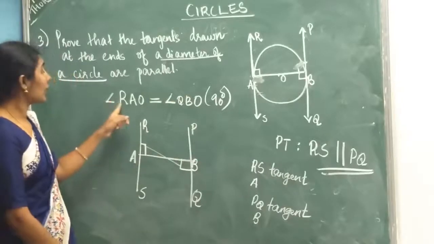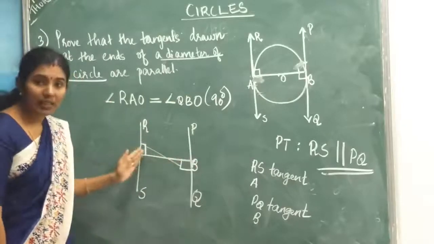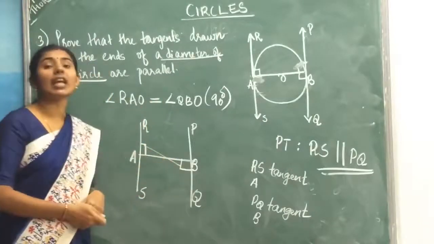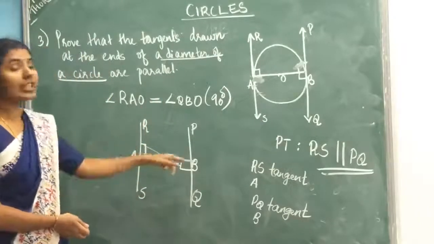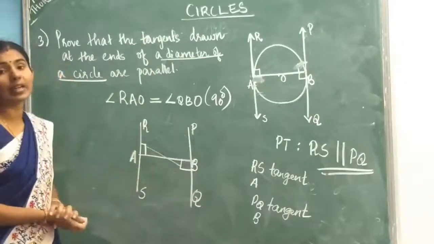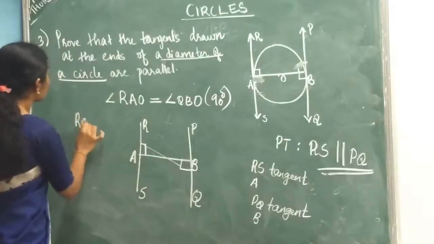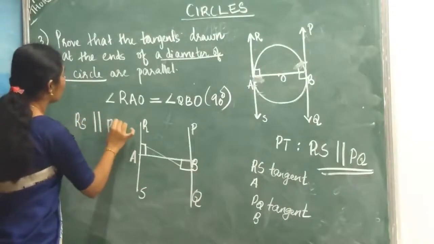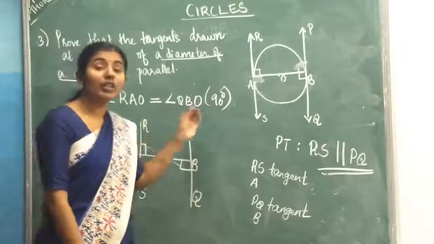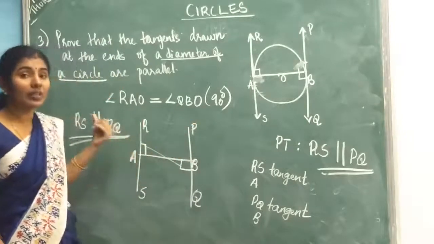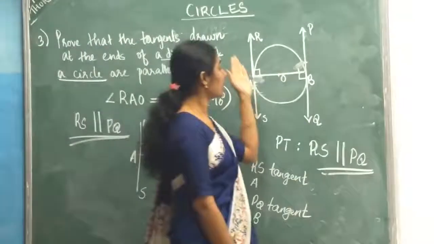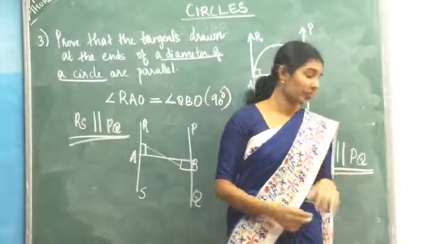So here these two angles are equal and they are alternate interior angles, so these two lines are parallel. RS is parallel to PQ. By using the properties of parallel lines, we are proving this.